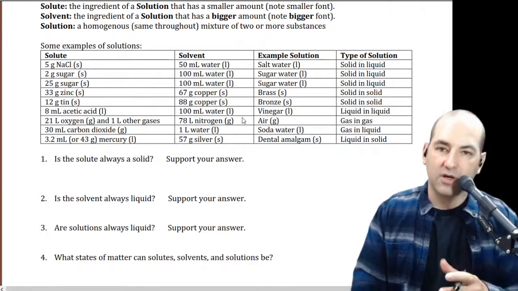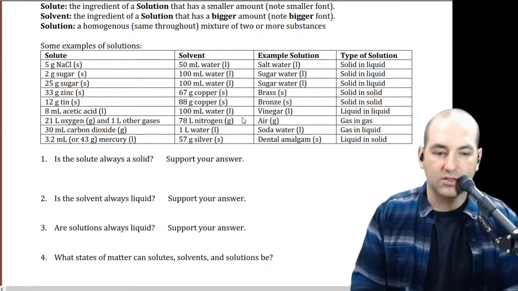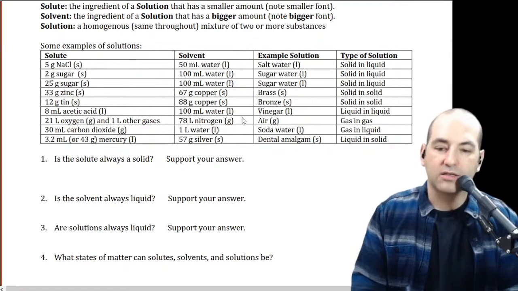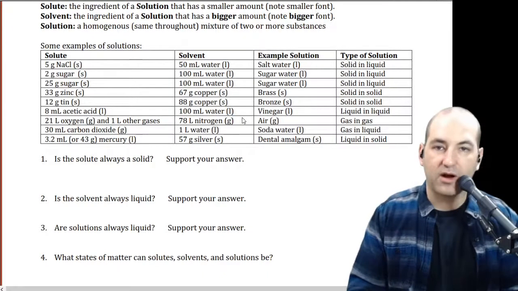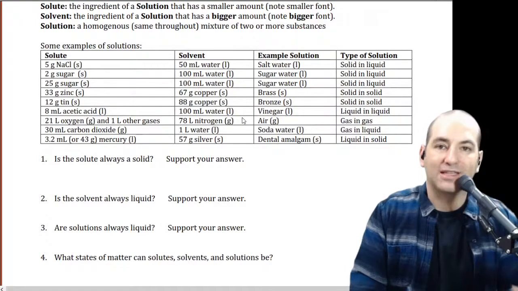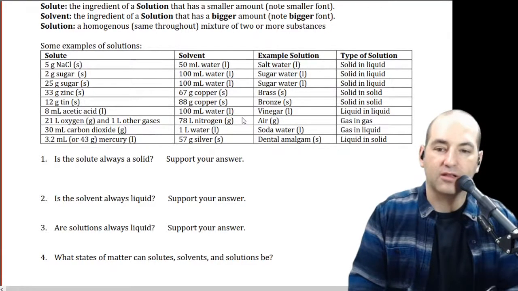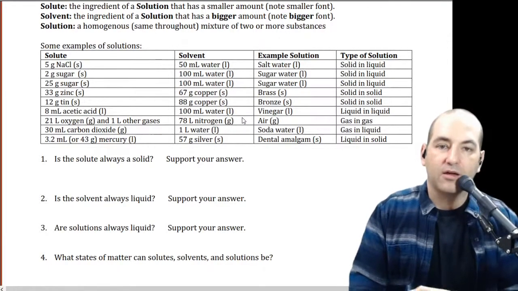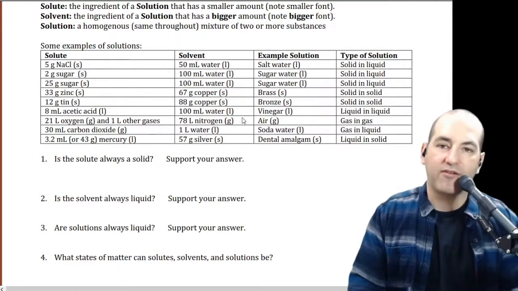One kind of strange thing that happens sometimes with liquid and liquid solutions is that water is such a ubiquitous solvent, it's everywhere, that sometimes water is still considered the solvent even when there's less of it than the solute. So for example, if you look at alcohol concentrations in liquors, they always say, this is 12% alcohol by volume or 5% alcohol by volume.